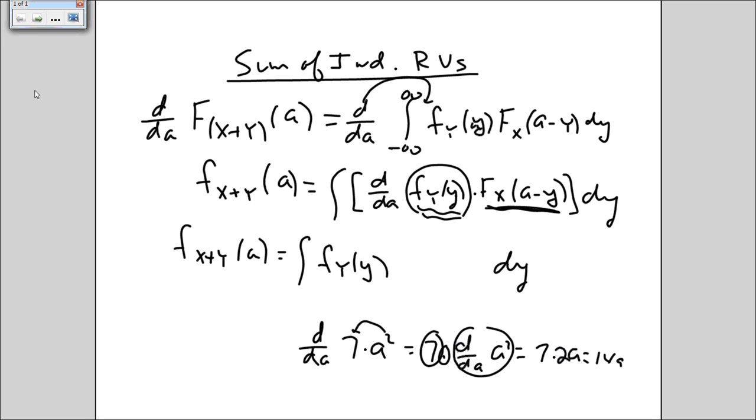The derivative of big F sub X of anything is little f sub X of the anything times the derivative of that. With respect to a, the derivative of a minus y is 1, and multiplying by 1, well, don't bother.